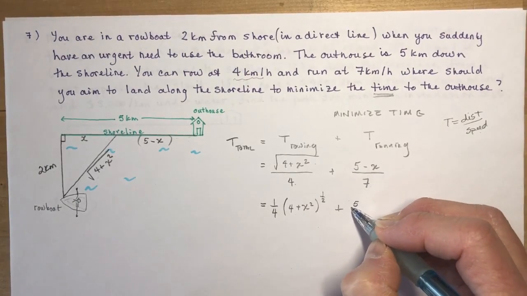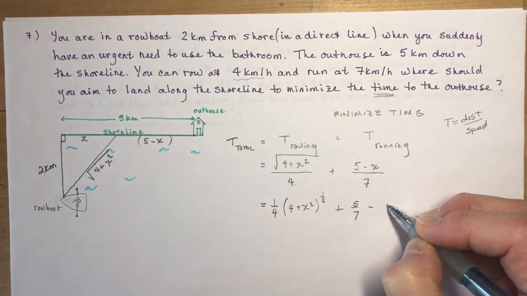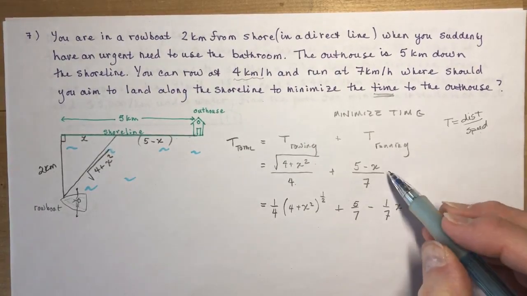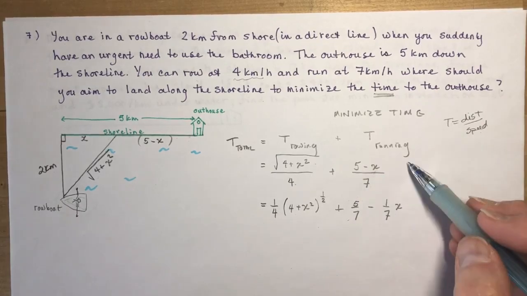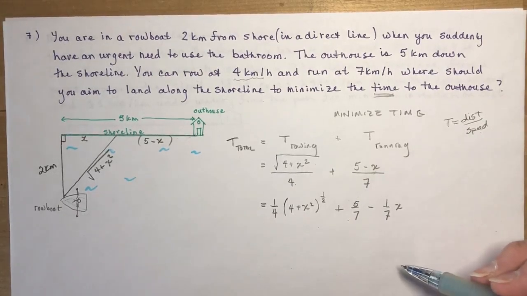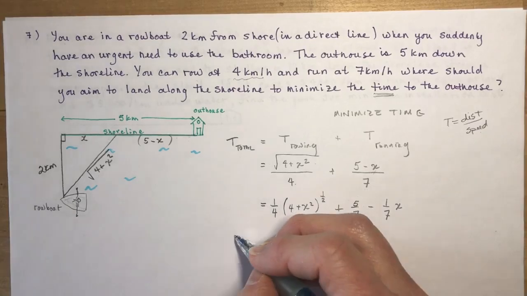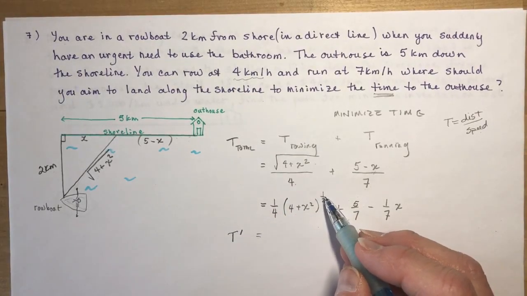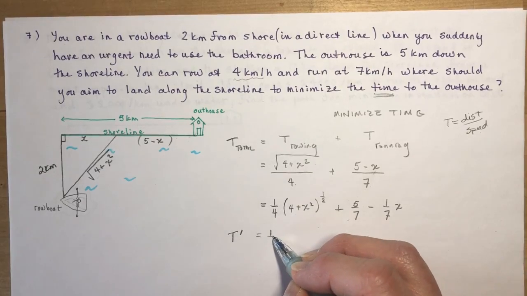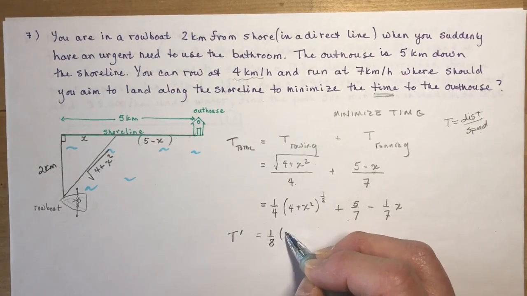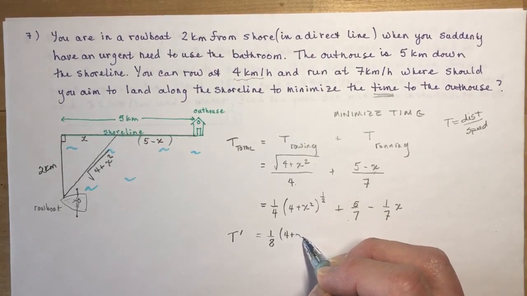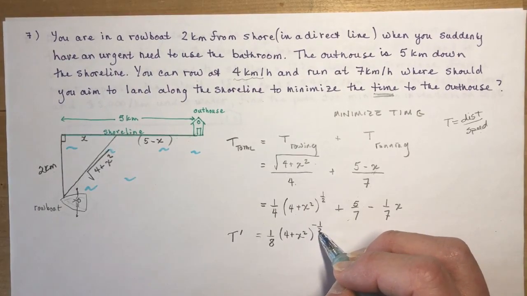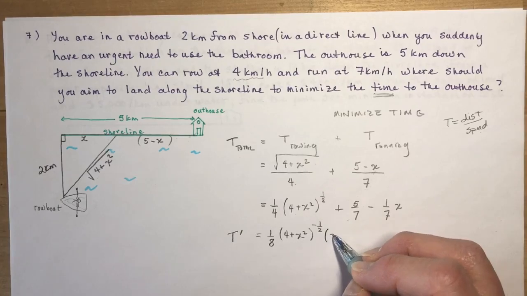So let's say 5 over 7 minus 1/7 x. Okay, so can you see how these are the very same thing? Of course you can. Okay, so now I'm all set to take the derivative. So t prime is going to be a half times a quarter is an eighth. I leave the inside alone. Chain rule here, right? Leave this alone. Reduce the exponent by 1 and multiply by the derivative of the inside.